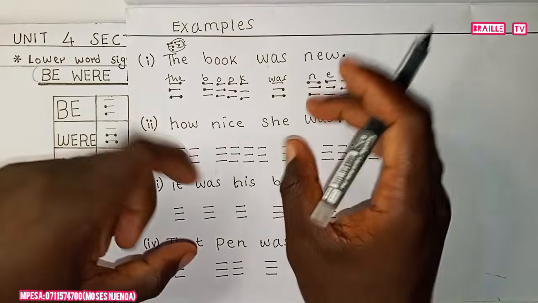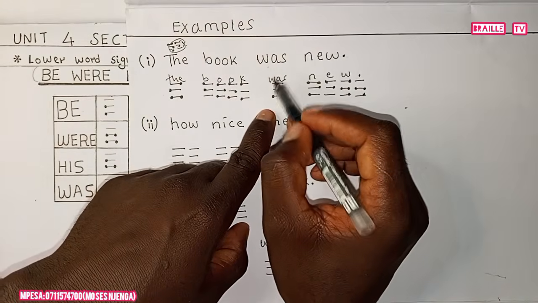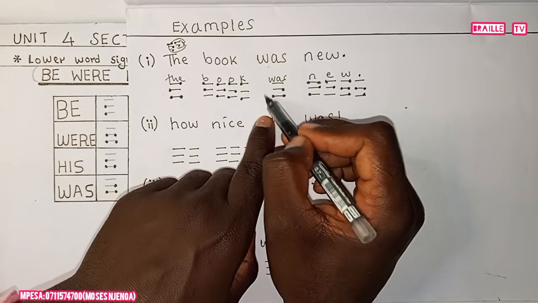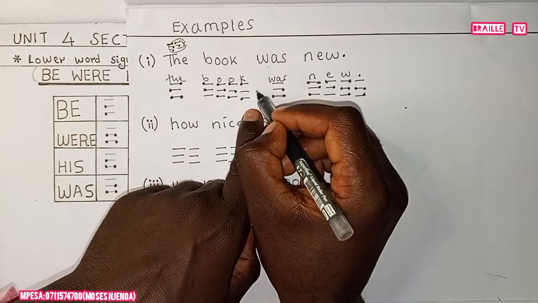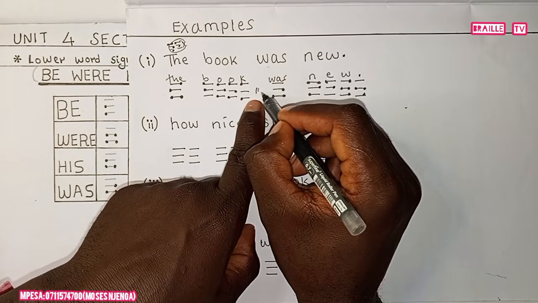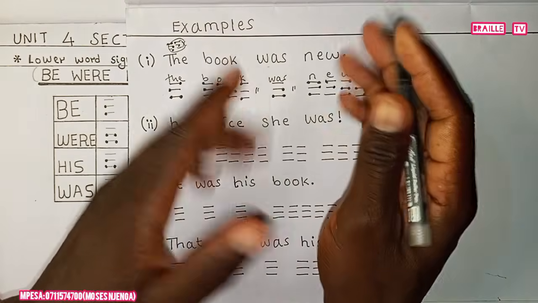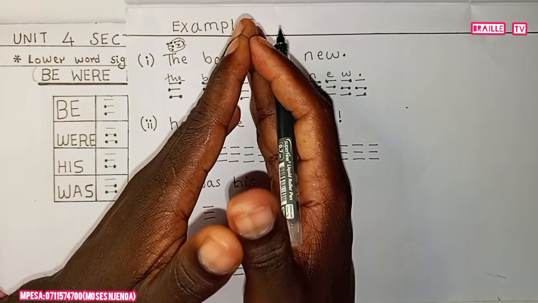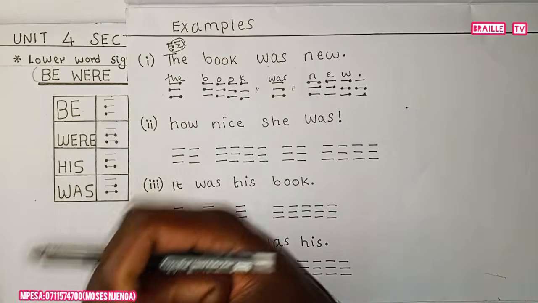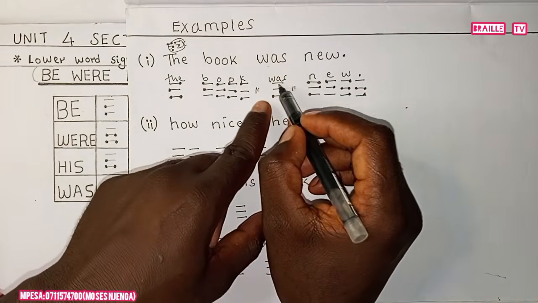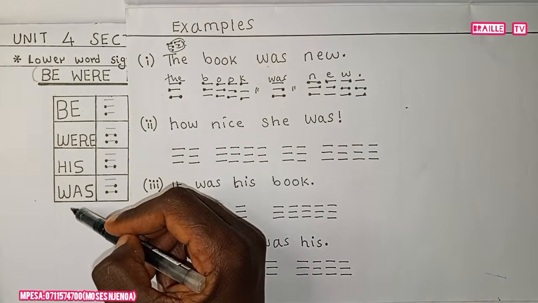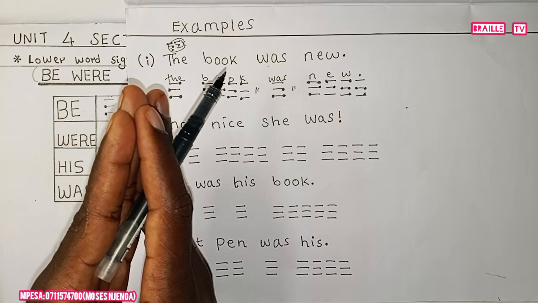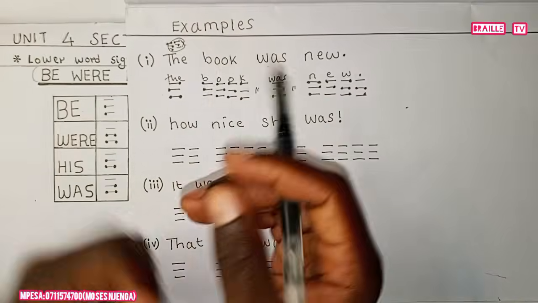Let me explain this. You can see this was, we have contracted to mean this word. So it is used as a word sign, whereby it must be spaced on this side and this side. It must be standing alone. And we have been told from the module that you must space it even from the punctuation. So we have understood that be, were, his, was, you must write them standing alone. You must contract them when they are standing alone.